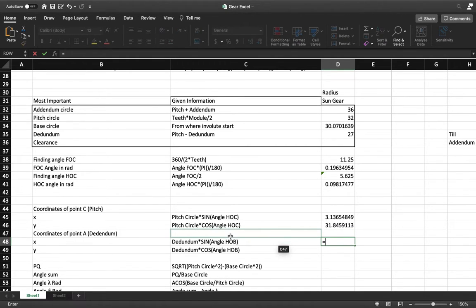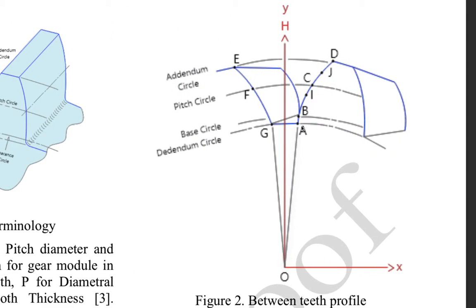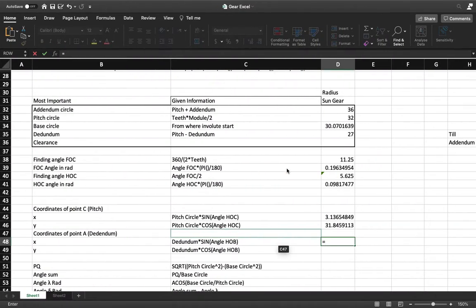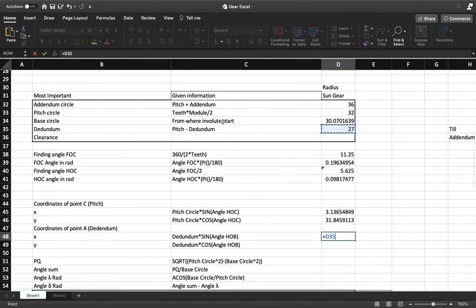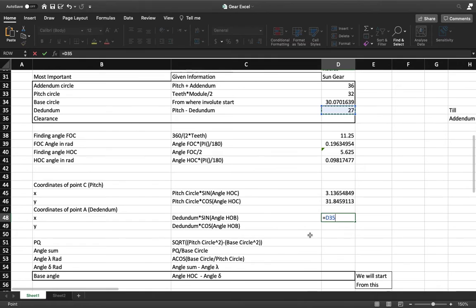The coordinates of point A, the dedendum. We treat the distance between A and B, the dedendum and the base circle, as a straight line, so the angle is similar. This is my assumption. Oh, sorry, it was already here. I could just take it from here.